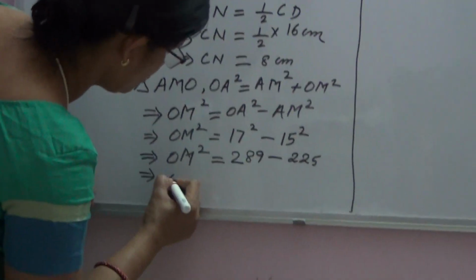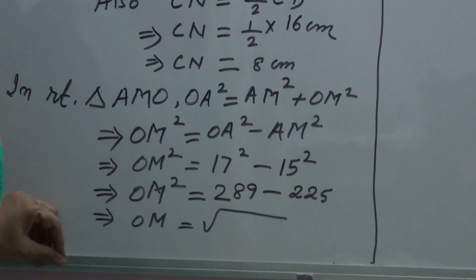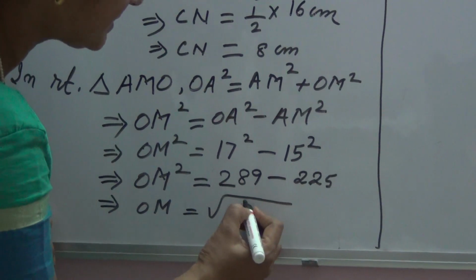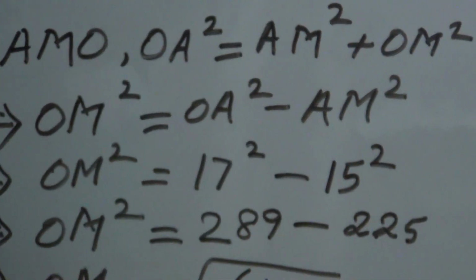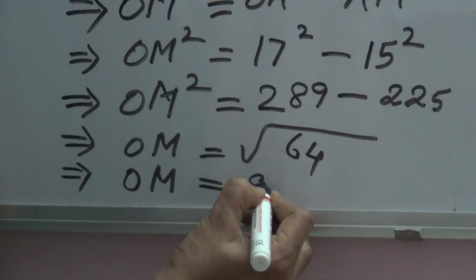This implies that OM, we put the square root over these, and on subtraction we get 64. This implies that OM is equal to 8 centimeter.